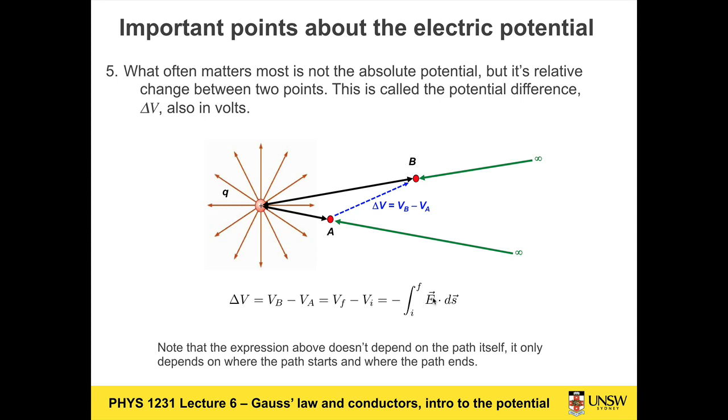Since electric field is force divided by charge, we can express it as this integral as well. And we discussed also that since the electric force is conservative, this potential difference doesn't depend on the path.